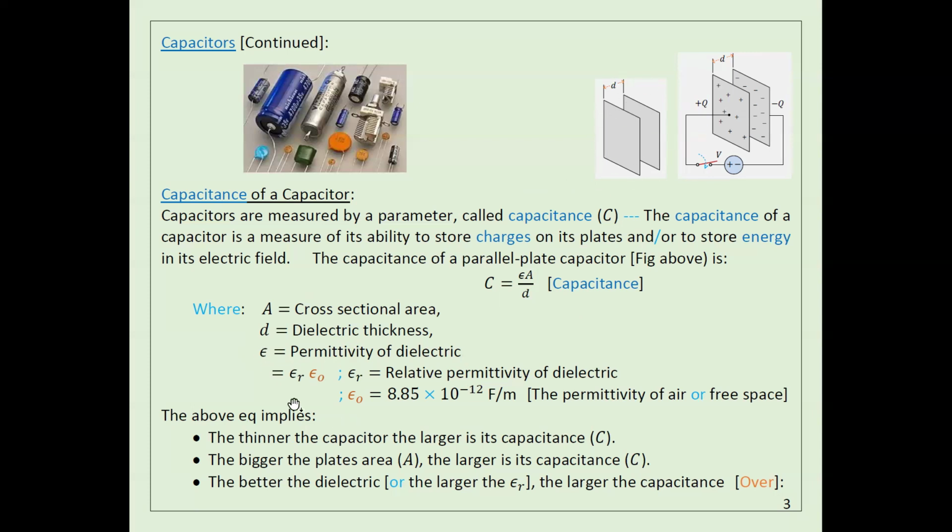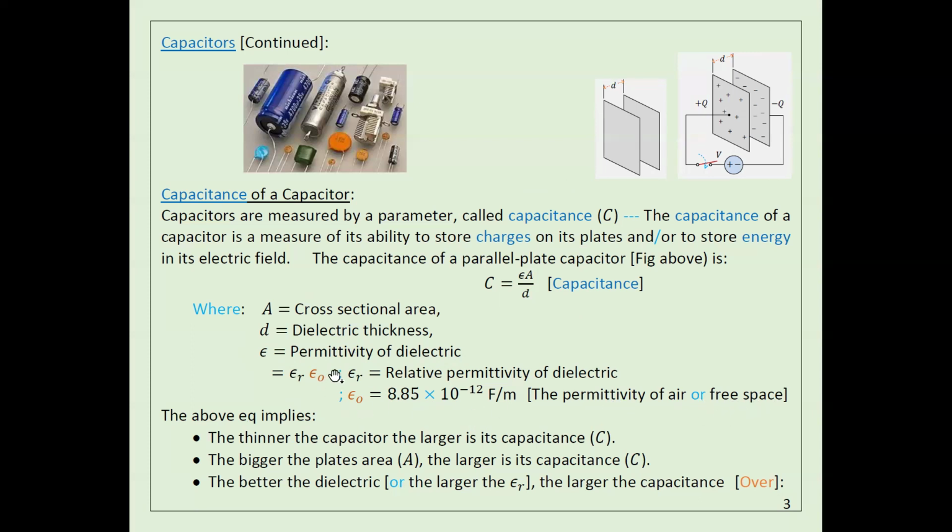Epsilon should equal epsilon R times epsilon naught. Epsilon is called the permittivity of the dielectric. Epsilon naught is a constant value, the permittivity of free space, for air.